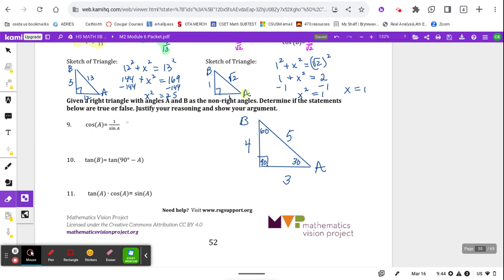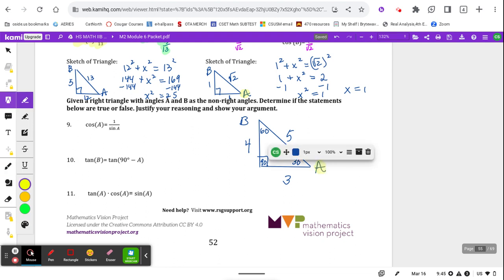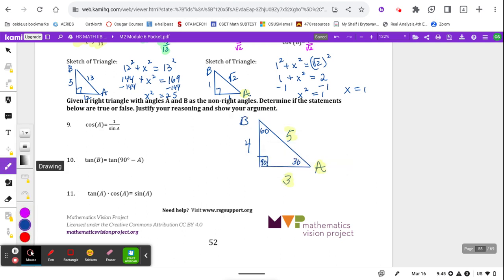So here it's saying that the cosine of angle A is equal to 1 over the sine of A. Well, the cosine of A, if I'm standing at this reference angle, is equal to adjacent over hypotenuse, which would be 3/5.